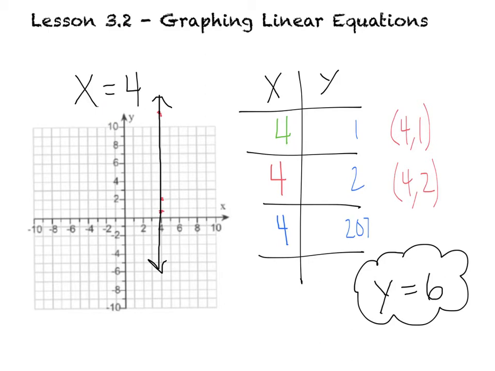Now, let's think about that. If there's no x in the problem, guess what this line's not going to touch? If you said the x-axis, you're exactly correct. And let me show you what it looks like. Since it says y equals 6, we can put a dot here.